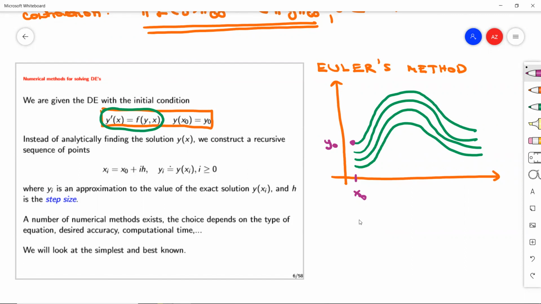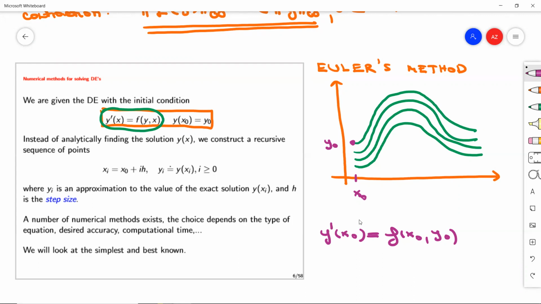But we are not able to analytically solve this equation. What we can do is calculate the derivative. So we can compute the derivative of y at x0. It is just f of x0, y0. This function f is given. We know x0, we know y0, so we can compute the derivative.